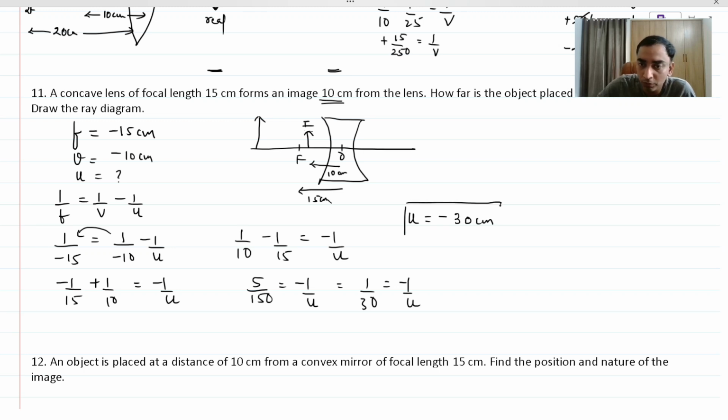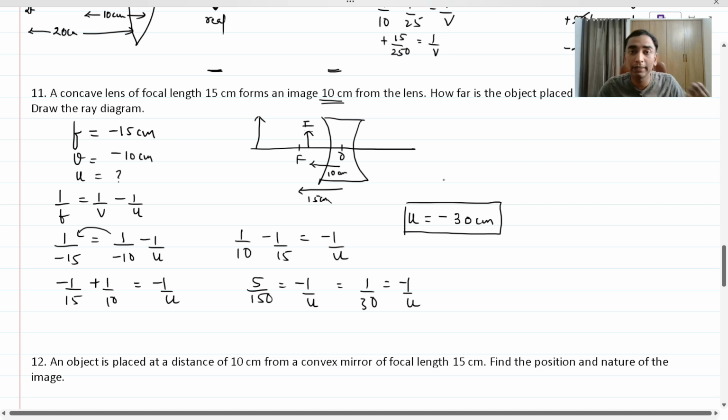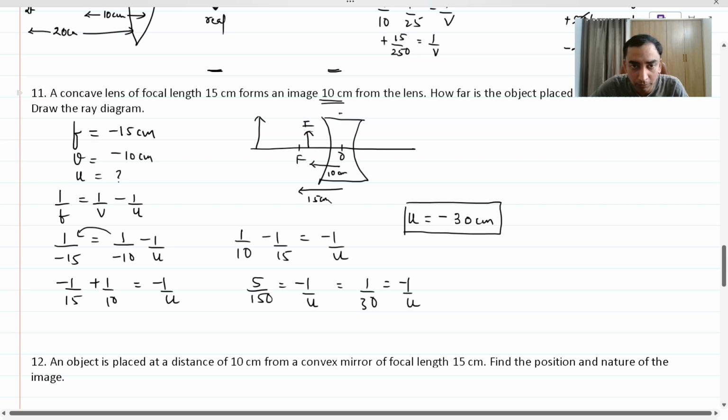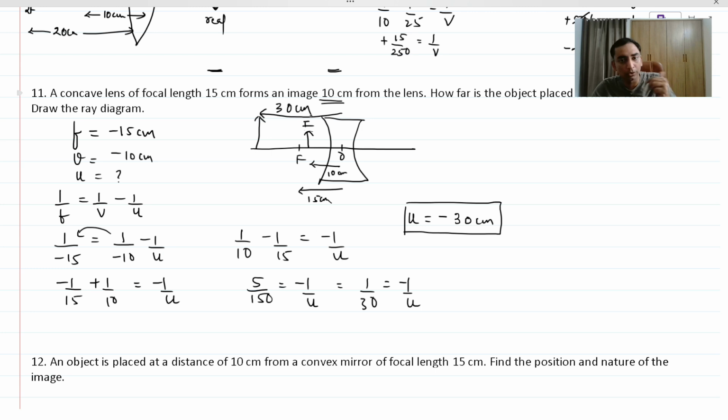This is the beauty of the sign conventions. You will get the answer with the sign. So the object is placed at a distance of 30 centimeters from O. So the object distance is 30 centimeters. You may draw the ray diagram completely like this. Any diagram is fine.